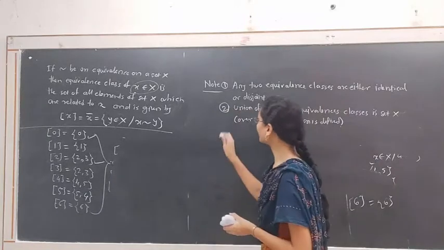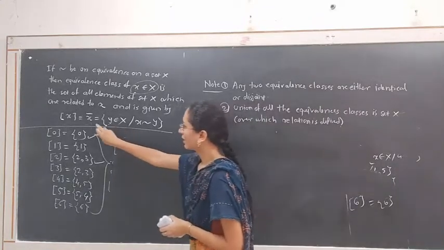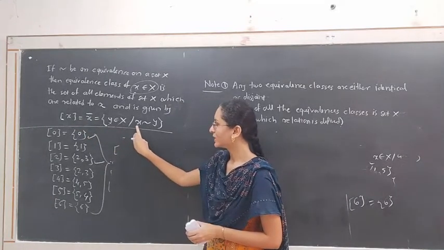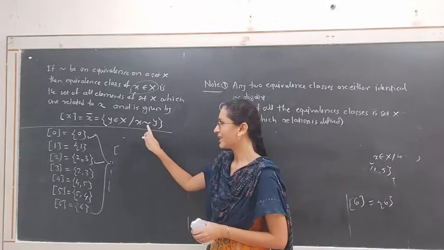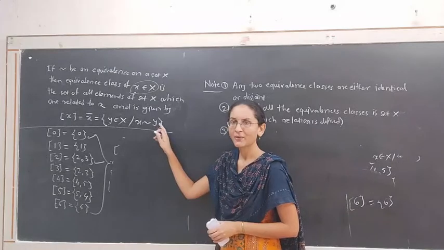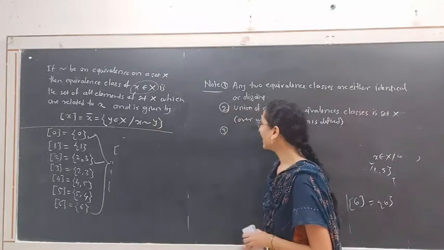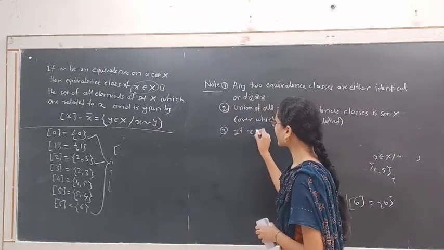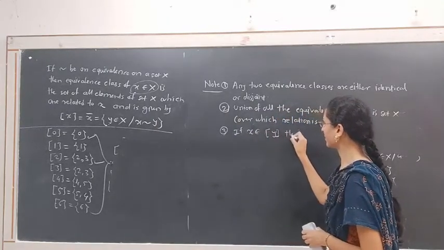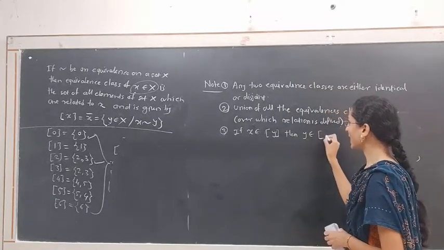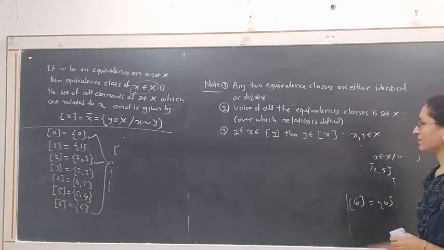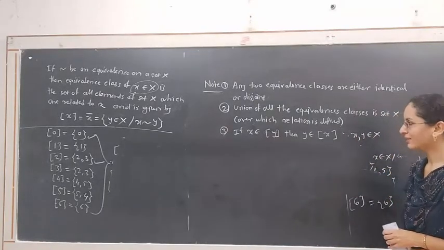See, from this definition, this is the set of all elements y belonging to X to which x is related. Because this relation is an equivalence relation, if x is related to y, then we also say y is related to x. Hence, if x belongs to equivalence class of y, then y also belongs to equivalence class of x, whenever x, y belong to set X over which the relation is defined.